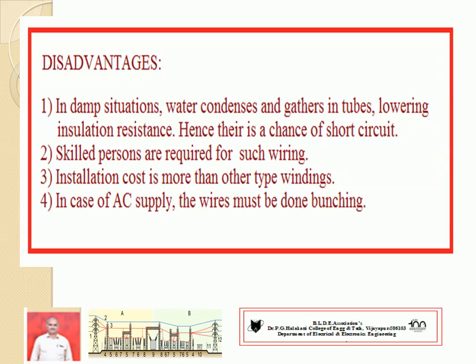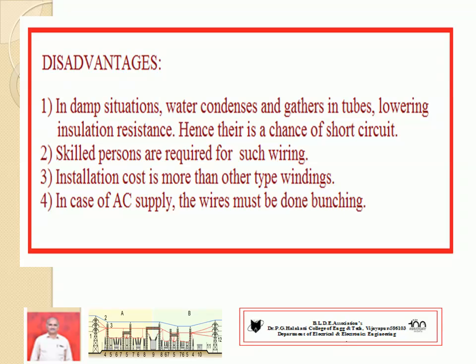That is one example. That's why this type of wiring is more useful and more reliable, but the cost is high. Hence cost should be secondary in case of protection and better looking of the building. Hence we can go for this type of wiring.